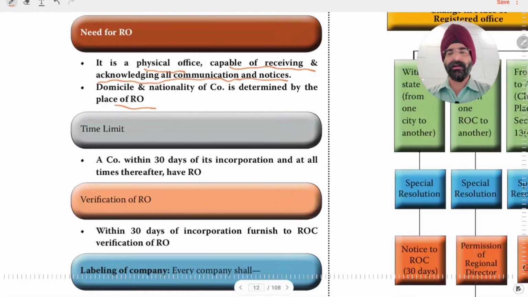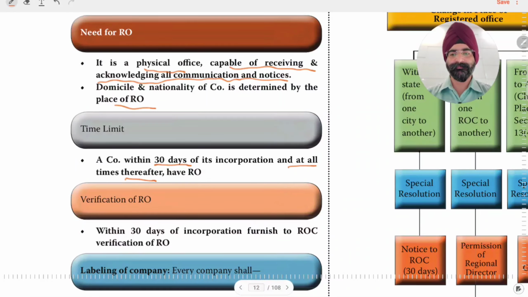Time limit. A company within 30 days of its incorporation and at all times thereafter shall have a registered office. So once a company is incorporated, ensure within the next 30 days it has a registered office, and thereafter, in case a registered office is changed, then it should be changed simultaneously.